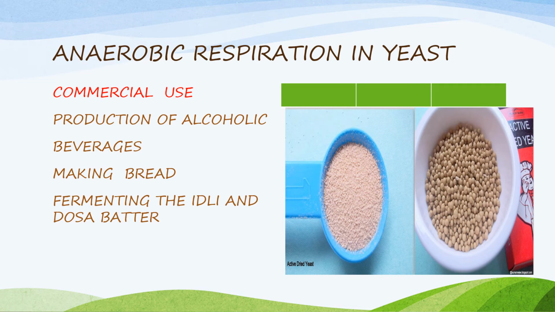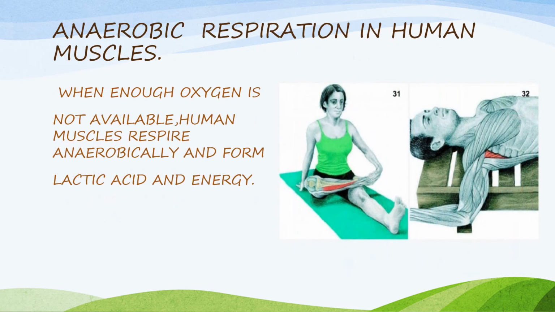Another type of anaerobic respiration takes place in human muscle cells. When enough oxygen is not available, human muscles respire anaerobically and form lactic acid and energy. When does this happen? When you are doing exercises, running, or doing certain yogas, sometimes your body needs more oxygen.